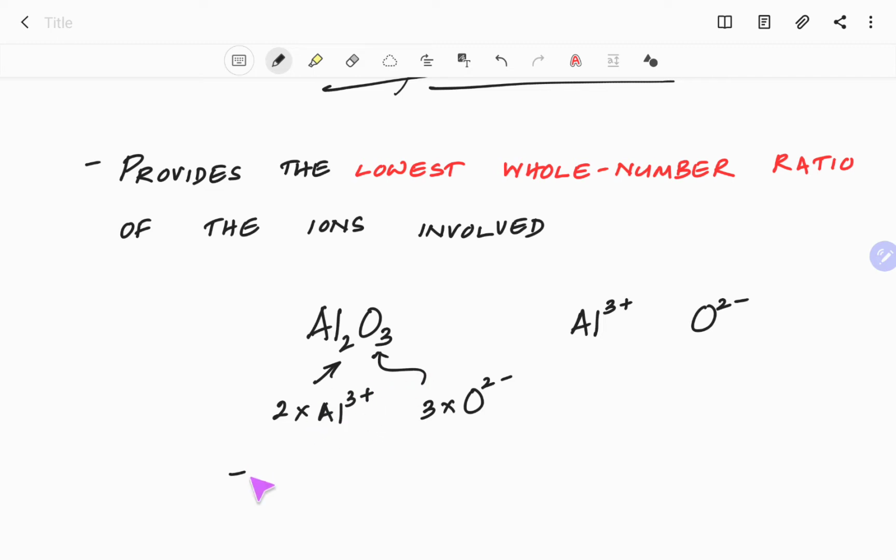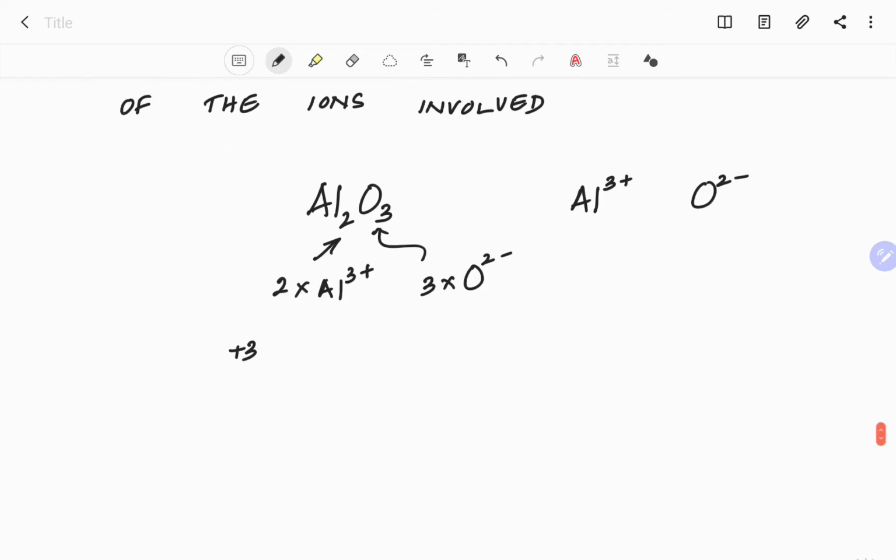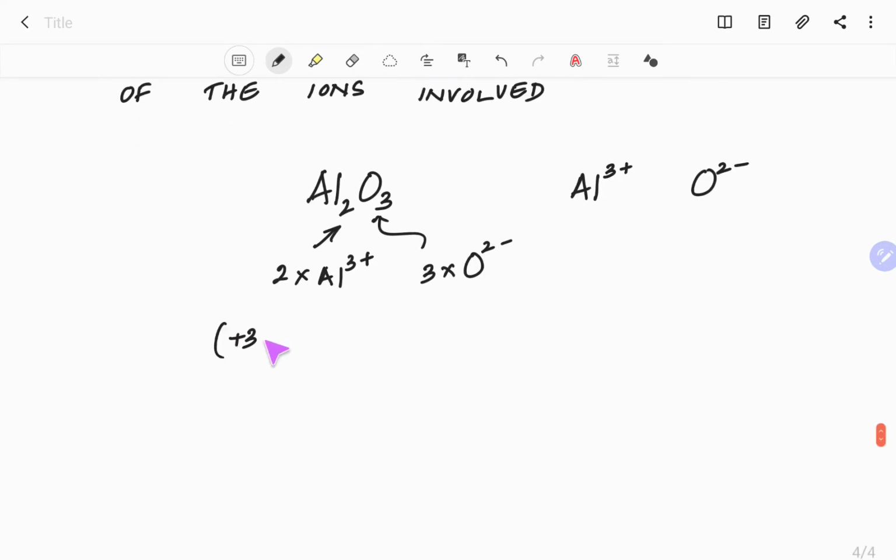Aluminium ion is plus 3 charged, and you have two of them, so we have a total charge of plus 6. Then if you take a look at the oxide ion, the charge on oxide is minus 2, and you have 3 oxide ions, so the total charge is minus 6.